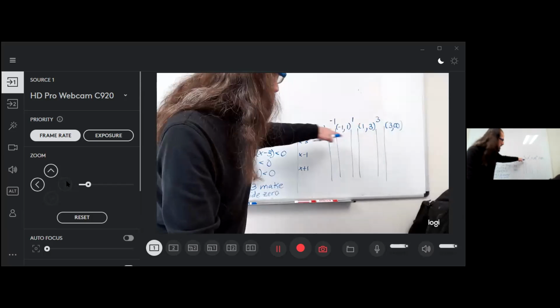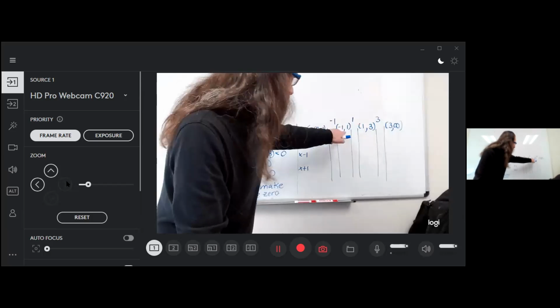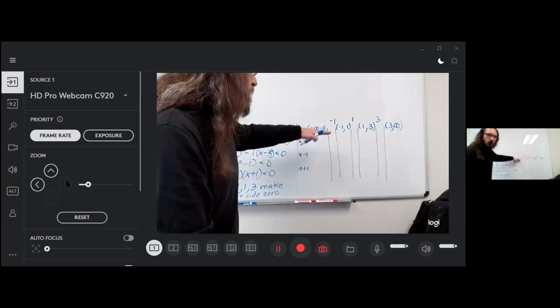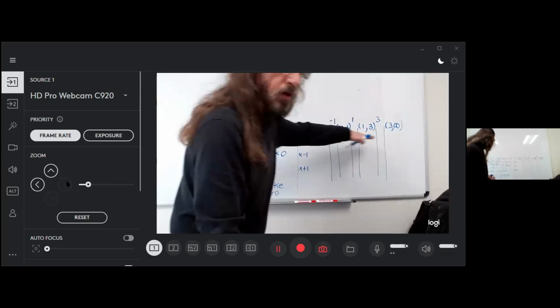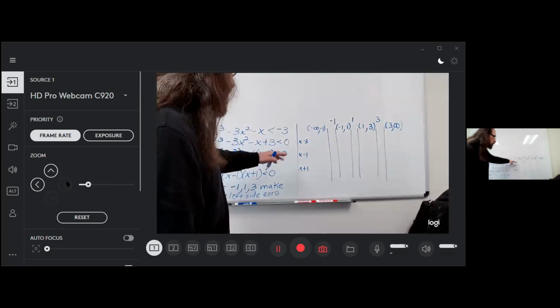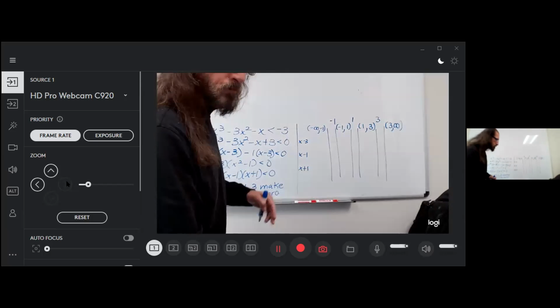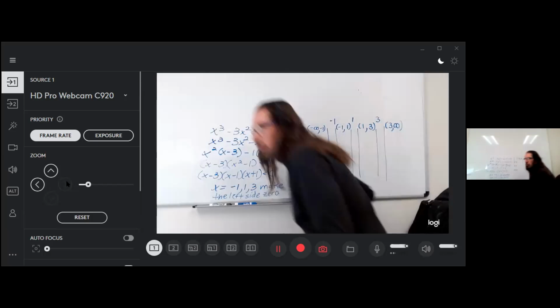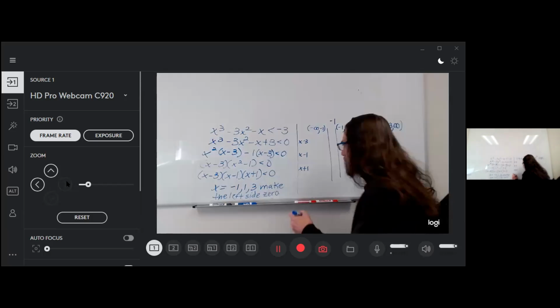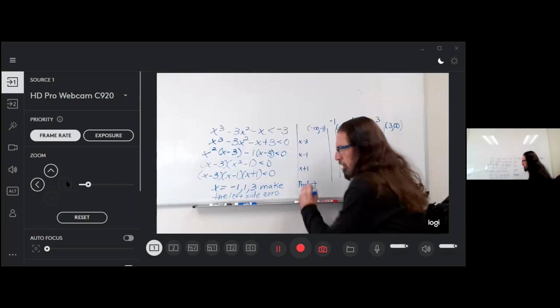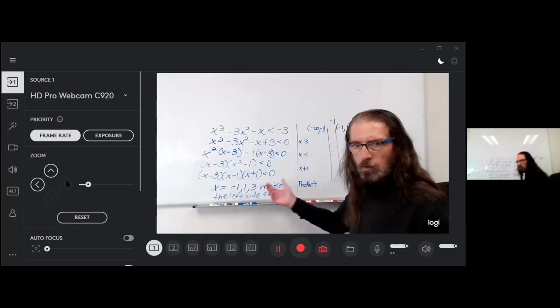And I've labeled the intervals that are in between these special values and what's to the far left and the far right. I'm going to look at what the signs of each factor are, and then use what we know about multiplying signed numbers to figure out the sign of the product along each interval.